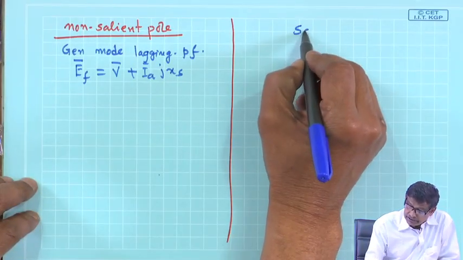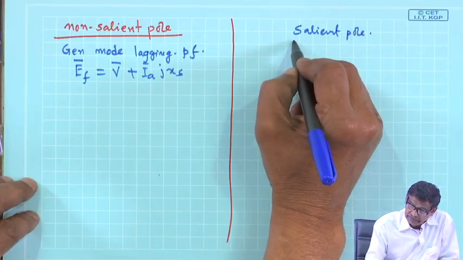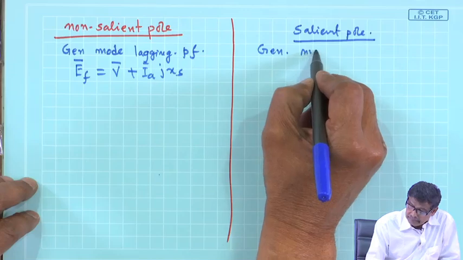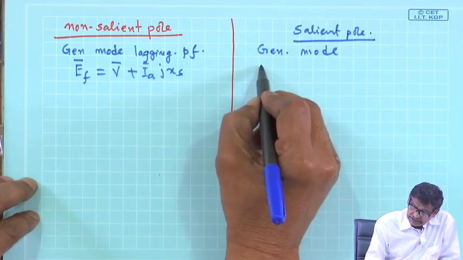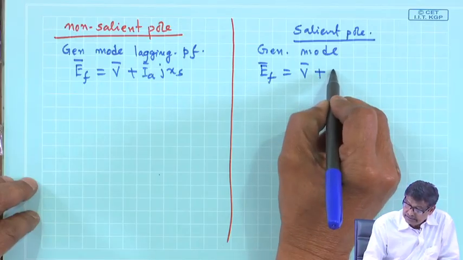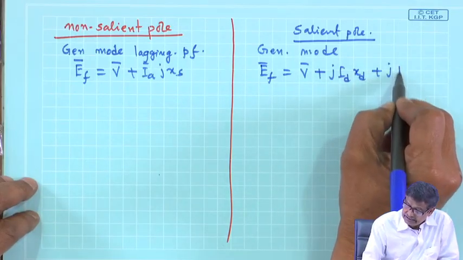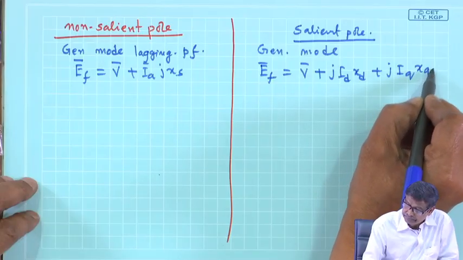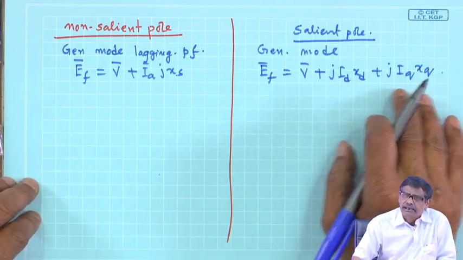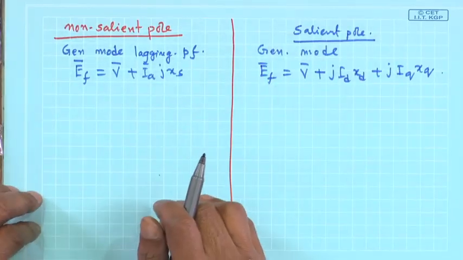Similarly, in a salient pole machine, generator mode, the equation is EF equal to V plus J Id Xd plus J Iq Xq. And of course, there may be an IRA term that can also be taken into account while drawing the phasor diagram.